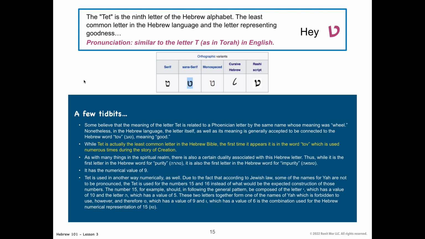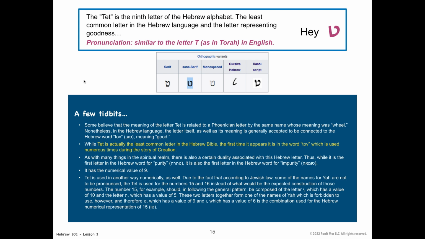Due to the fact that according to Jewish law some of the names for Yah are not to be pronounced, the Tet is used for the numbers 15 and 16 instead of what would be the expected construction of those numbers. The number 15, for example, should, in following the general pattern, be composed of the letter Yud, which has a value of 10, and the letter Hey, which has a value of 5.